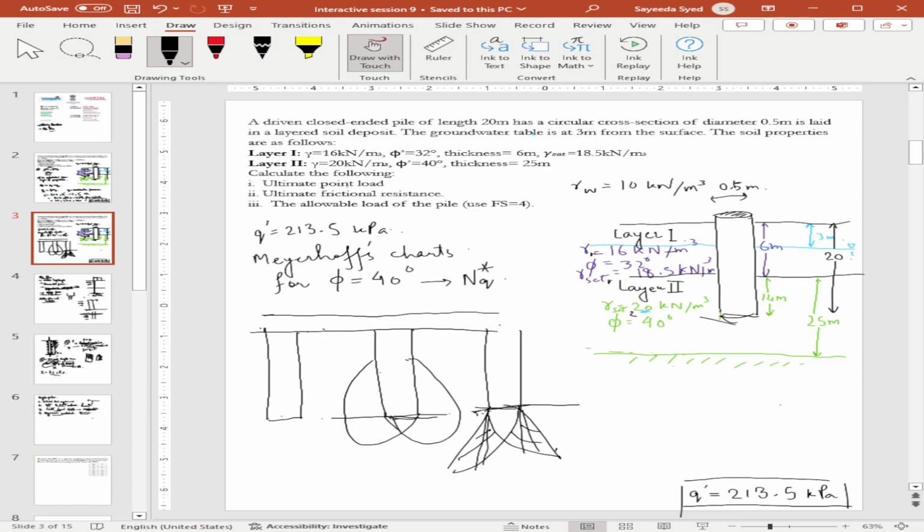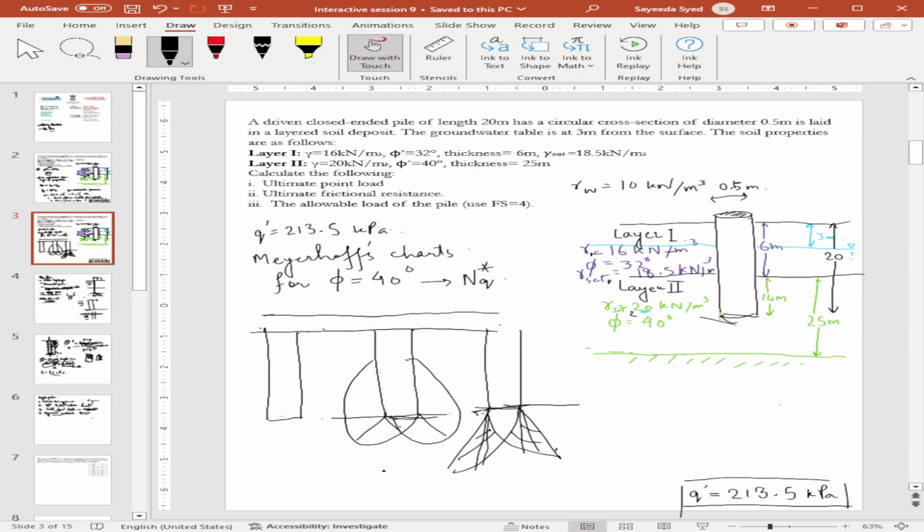According to Meyerhoff's theory, this is the failure surface he has given, and then he has given different values for NC and gamma for piles. For the frictional resistance, we'll talk about it when we discuss frictional resistance of the pile. Let's move forward with the discussion on the point bearing resistance first.